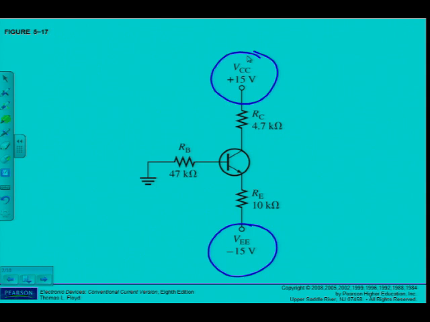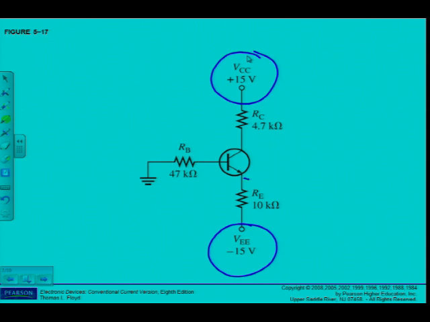The small base current causes the base voltage to be slightly below ground. The emitter voltage is one diode drop less than this. The combination of the small drop across RB and VBE forces the emitter to be approximately minus 1 volt.